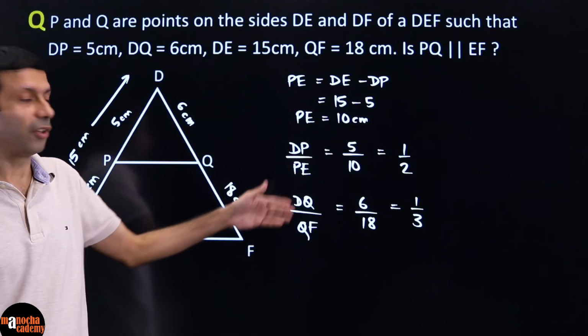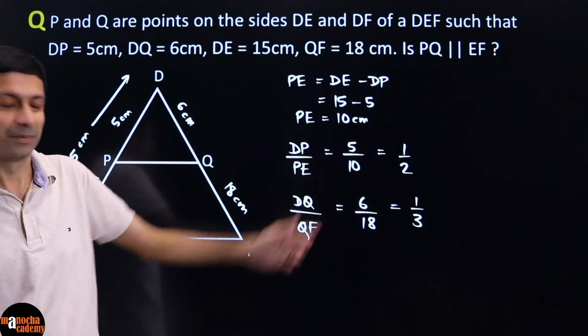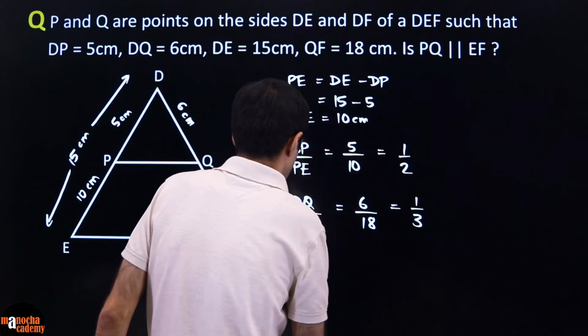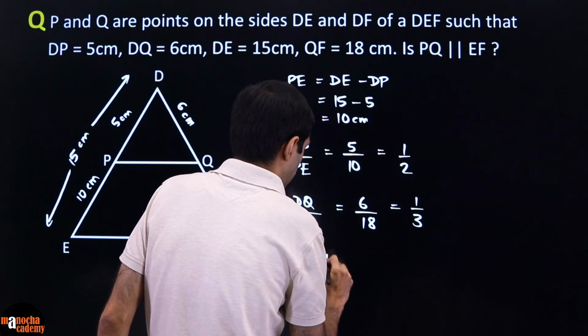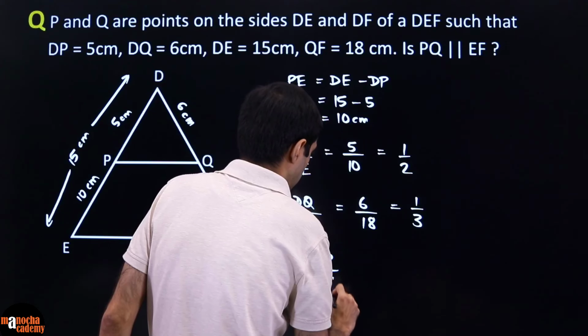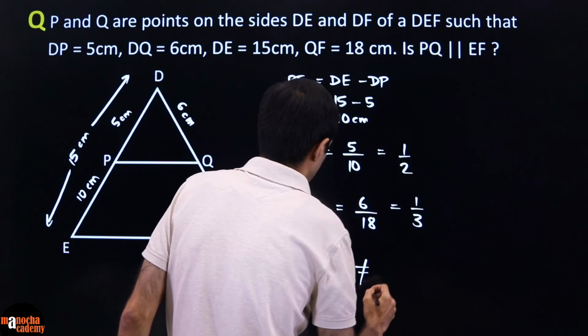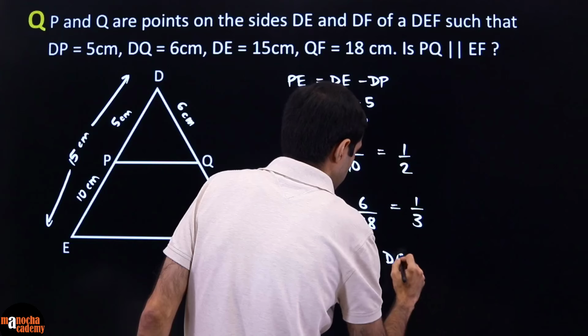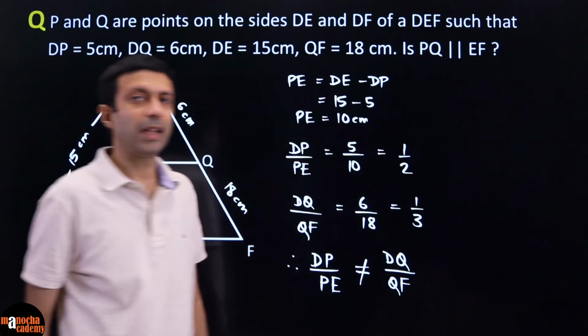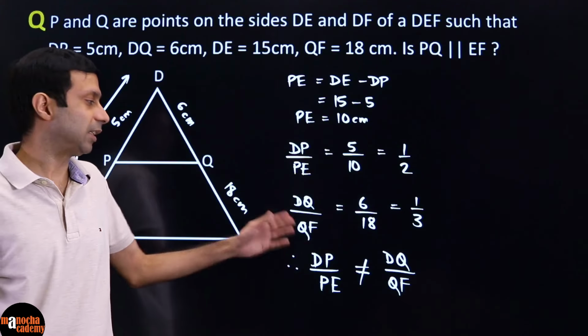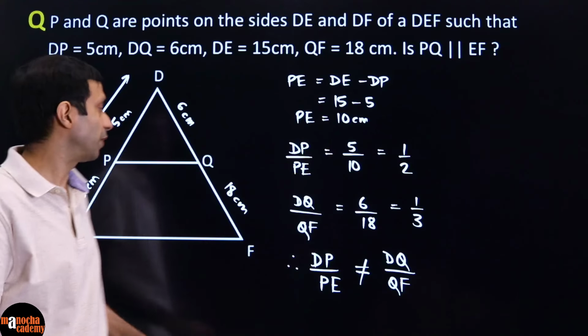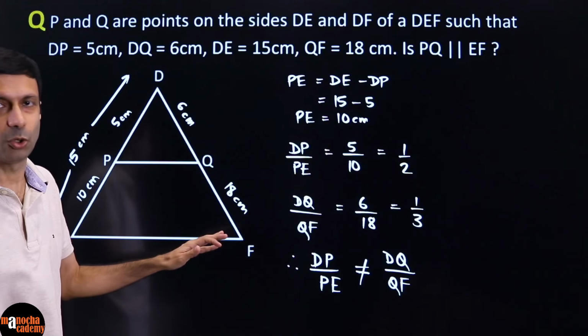Can you guys see the ratios are not equal? Therefore, DP is to PE is not equal to DQ is to QF. So I cannot apply the converse of Thales. For the converse of Thales, these ratios needed to be equal. Then we could confidently say that PQ is parallel to EF.